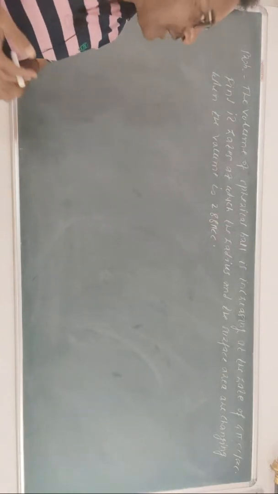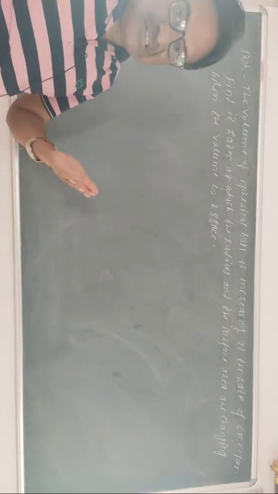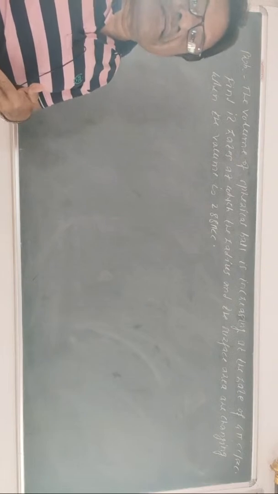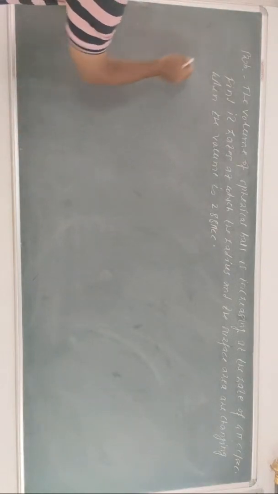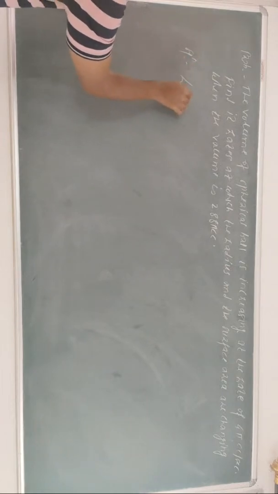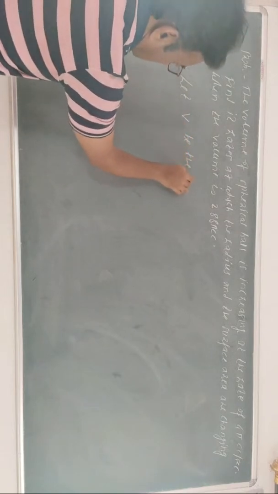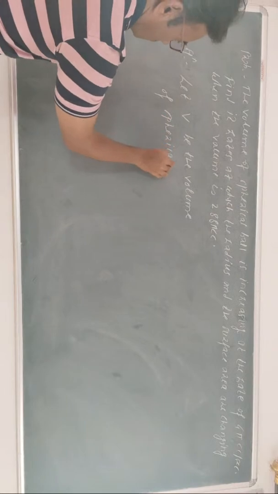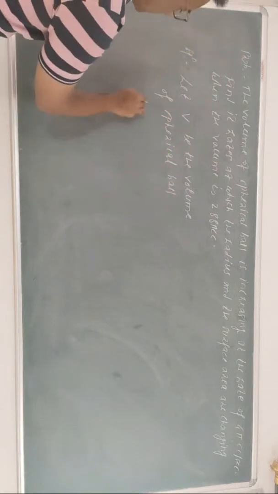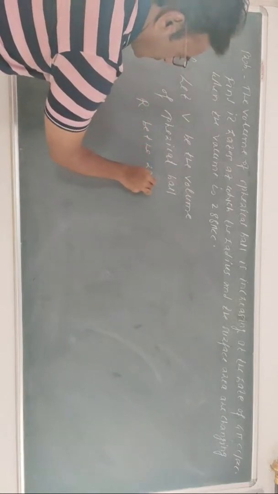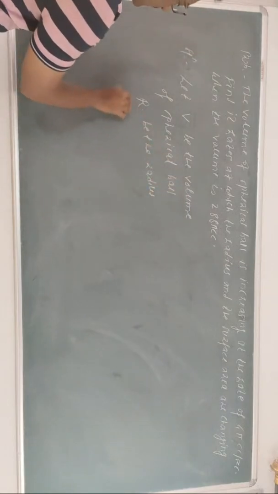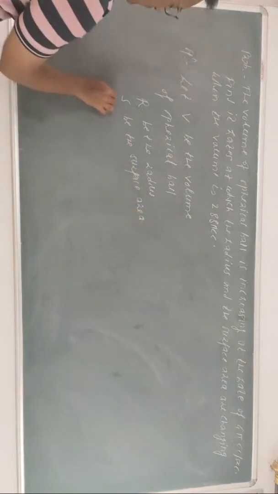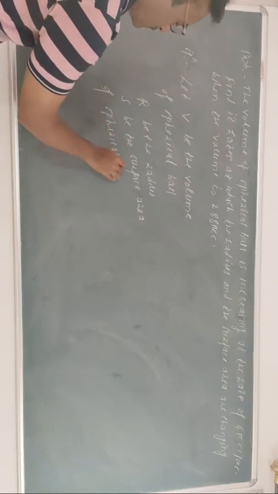So suppose in this problem we assume that let V be the volume of the spherical ball, r be the radius of the spherical ball, and capital S be the surface area of the spherical ball.